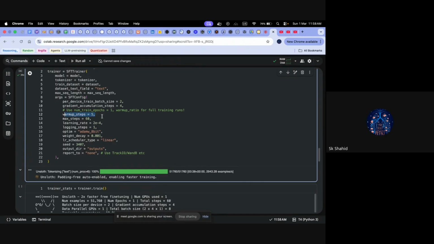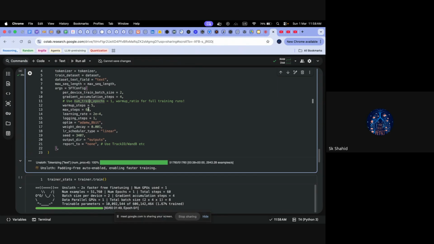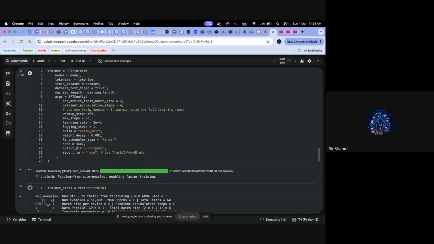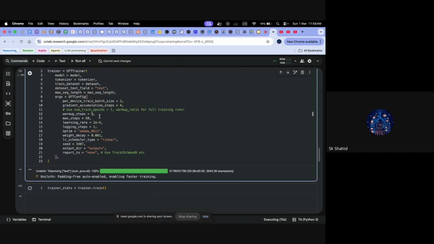Warm-up step is nothing but after taking the 5 training samples. Epochs is also here. I've kept it 1 only for the purpose. Just run this one. Yeah, number of epochs is how many epochs it should continue, or how many times the fine tuning should continue. Warm-up steps is again a hyperparameter, which basically means after how many steps the learning rate should move towards the optimal learning rate.